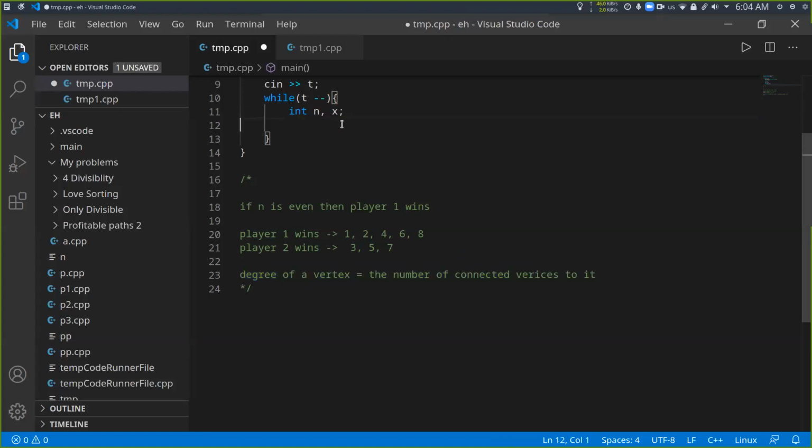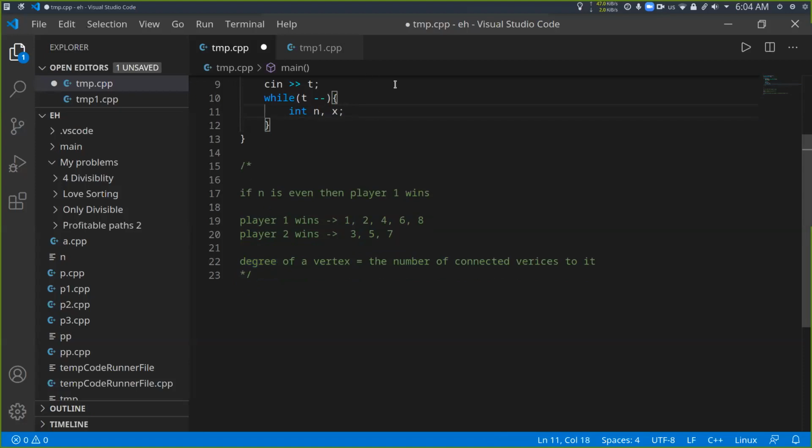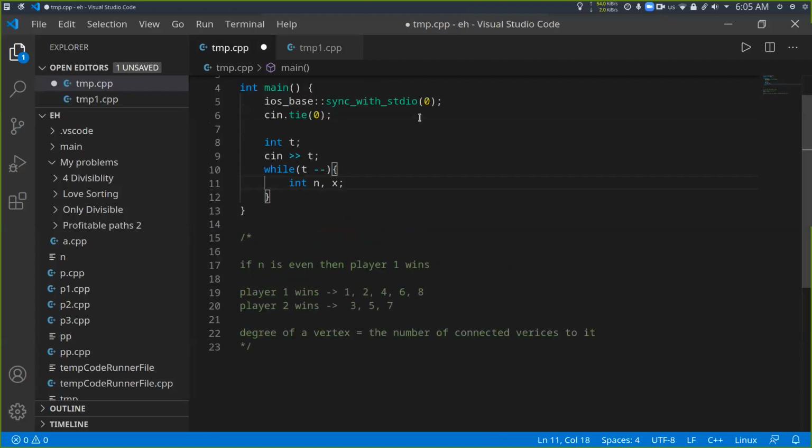So we want to store the degree of each vertex after we take the input, and then see if the degree of x is 1 or not.